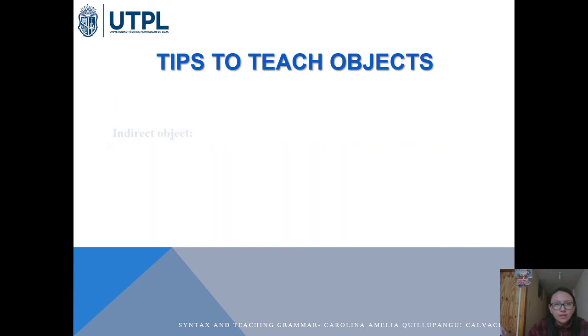The next is the indirect object. The first tip is to do a role play activity. This is interesting because you can do it in pairs, because the indirect object is benefited by the verb.